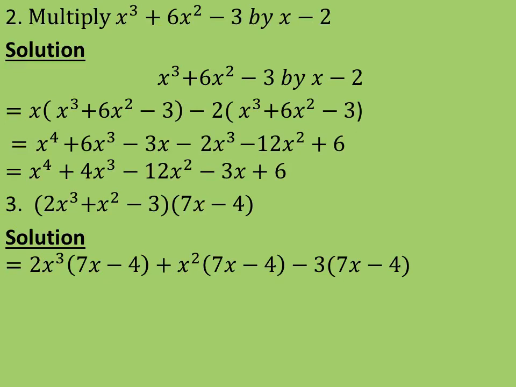And 2x raised to power 3 times 7x, 2 times 7 will be 14. x raised to power 3 times x, that will be 3 plus 1, and it will give us x raised to power 4.